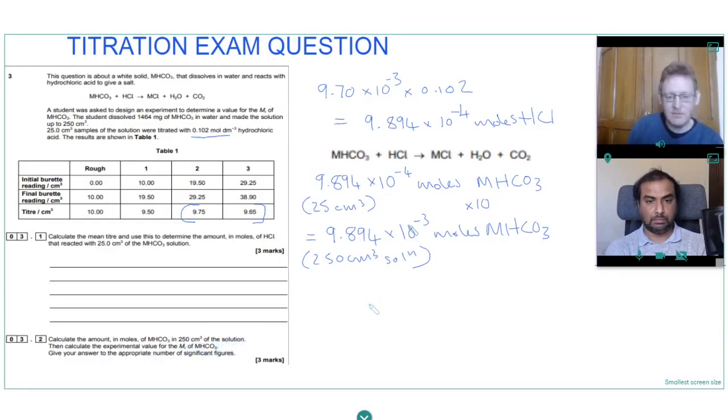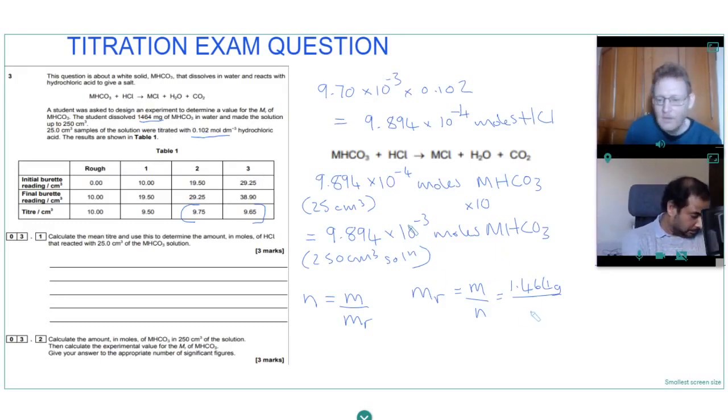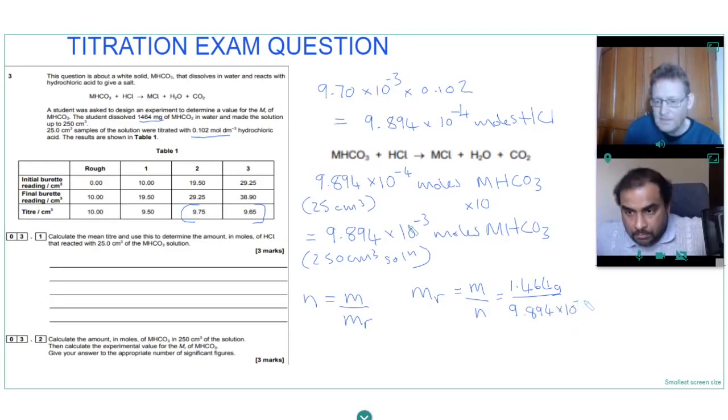And then we're to calculate the MR. And most students know that number of moles is mass over MR. So if we rearrange that for MR, we'd get MR is mass over moles, and our mass of the hydrogen carbonate is that, but it needs to be in grams, so divide that by 1,000, we'd get 1.464 grams over the number of moles, which we calculated there, 9.894 times 10 to the minus 3.